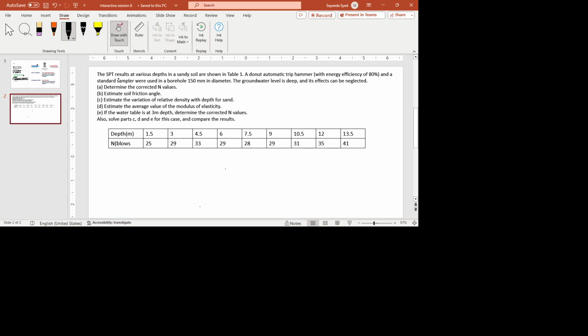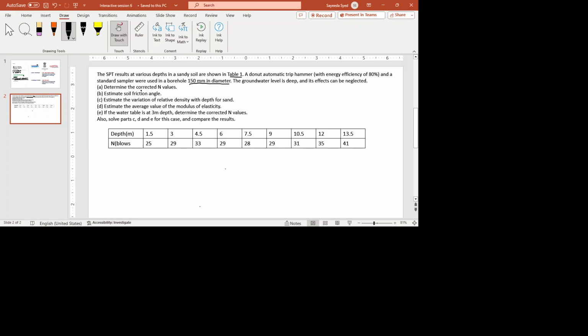So, this is the question. The SPT results at various depths in a sandy soil are given in Table 1. A donut automatic trip hammer with an efficiency of 80% and a standard sampler were used in a borehole of 150 mm diameter. The ground level is deep and its effect can be neglected.